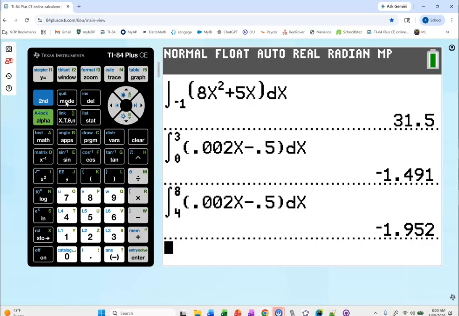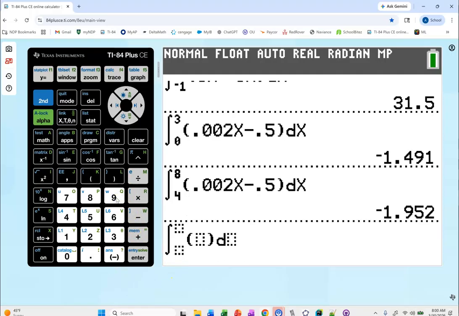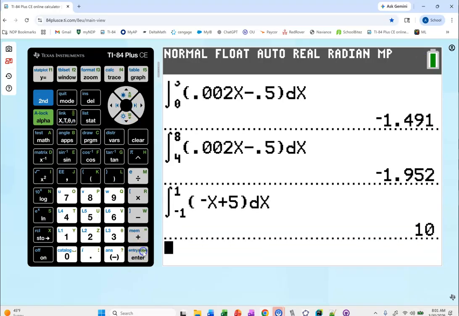So, from the home screen, what I'm going to do is press the math button. I'm going to pick command 9, fnint. That stands for function integration. So if I was going to do the first one, notice I get 10 just like I did geometrically.